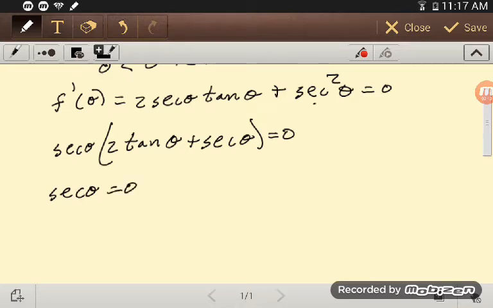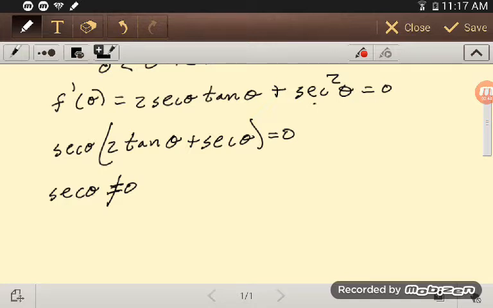Well, that's 1 over the cosine. So this is never 0, right? Because 1 divided by something is never 0. So it's 1 divided by the cosine, and so we will never get 0 on that.